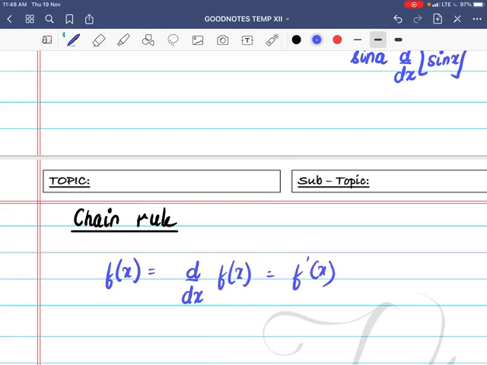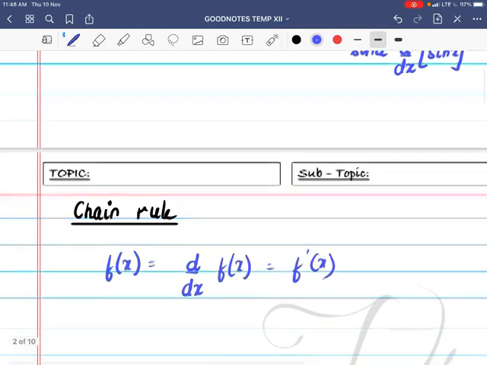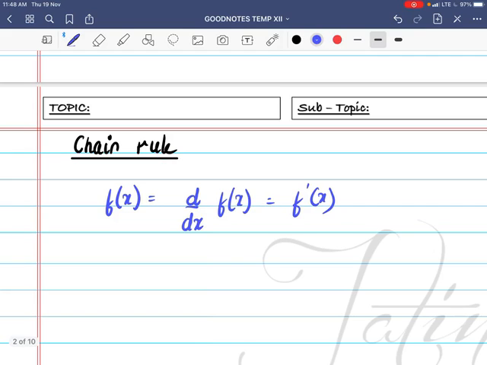This is the simple way of representing any function and then its differential part. Now the point arises that we have, let us say for example, sine of x square plus 8. Let us say the function f of x is given in this manner.